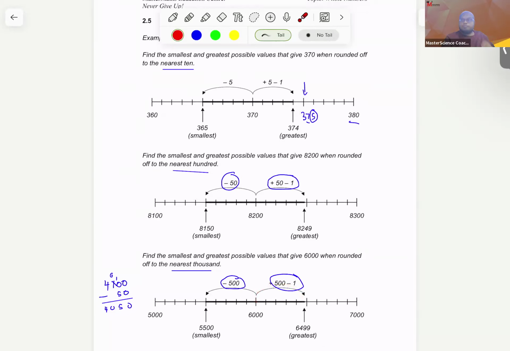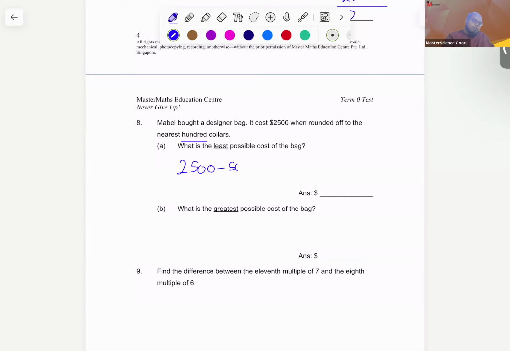So if we go back to the question, the least possible cost. So I take 2,500 minus 50.